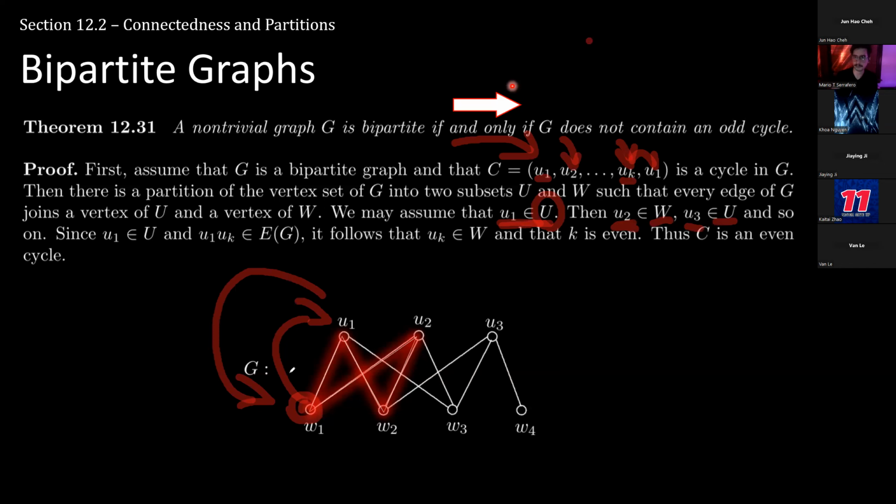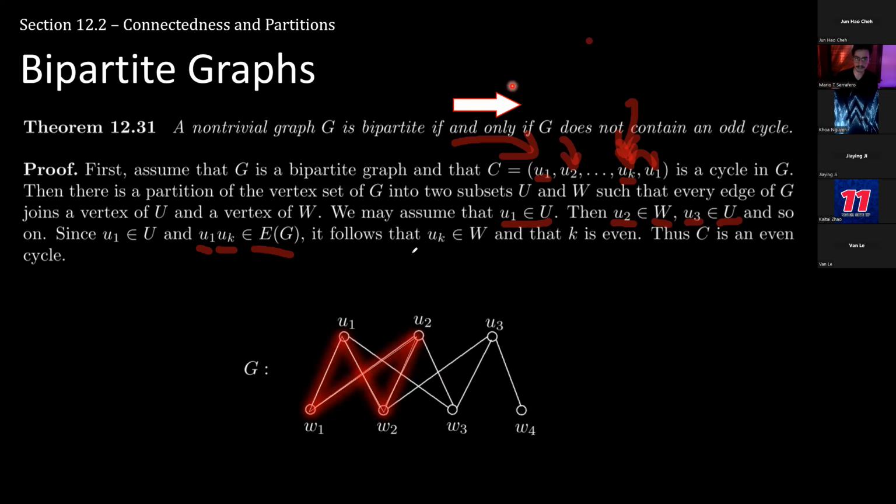So you conclude the proof by saying, if I started at U1 in U, then the next vertex in the cycle must be in W, and the next one must be in U, and so on. Now, if you abstract away all the intermediate vertices from U1 to UK, the one immediately before going back to U1 is joined to U1 by an edge of the graph.